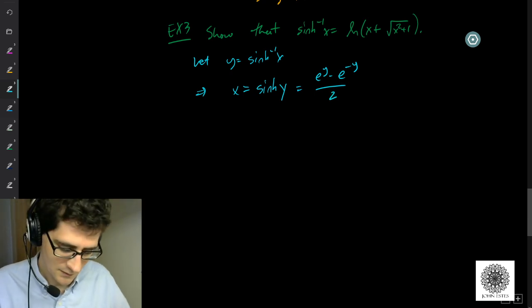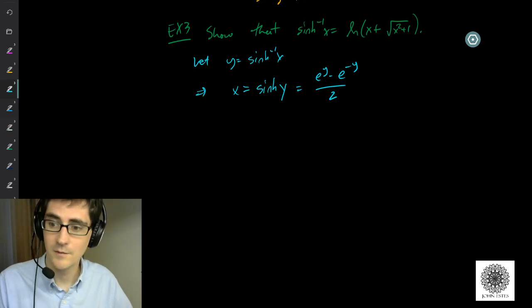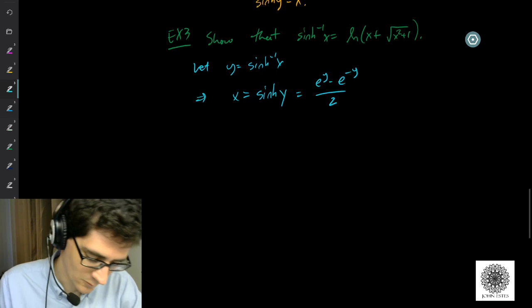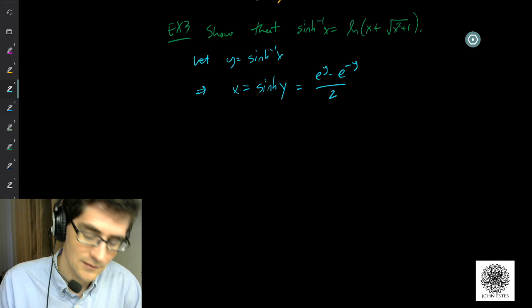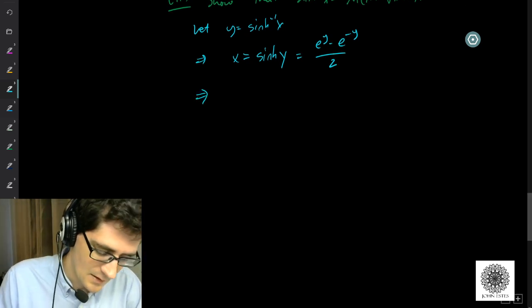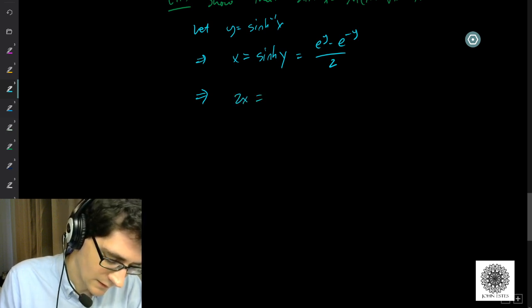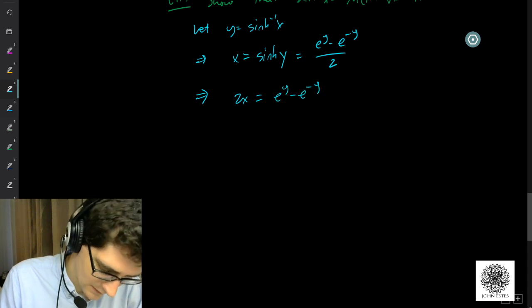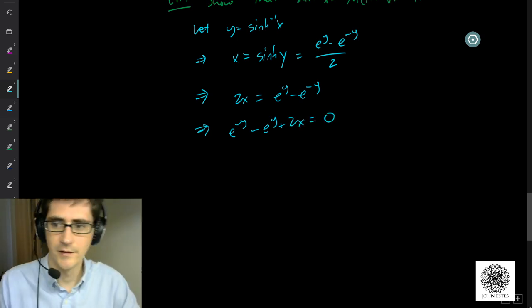We need to solve for y here to figure out what sinh inverse x is. So if I multiply both sides by 2, I get 2x equals e to the y minus e to the negative y, which means e to the negative y minus e to the y plus 2x equals 0, right?